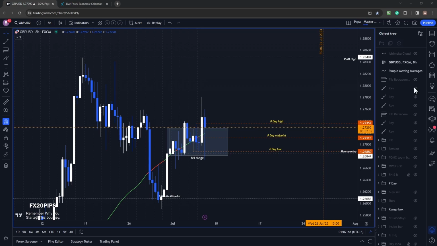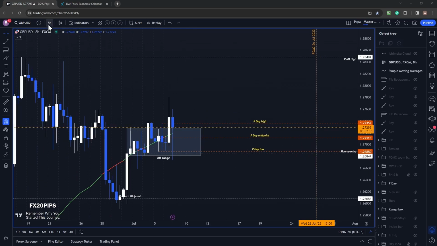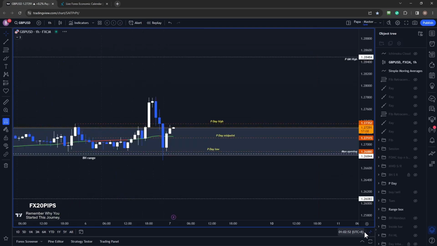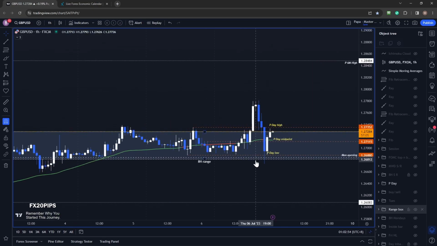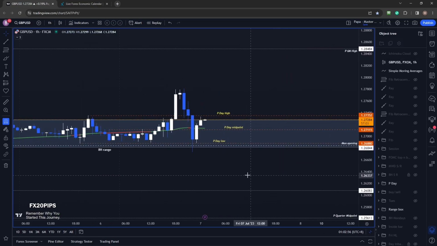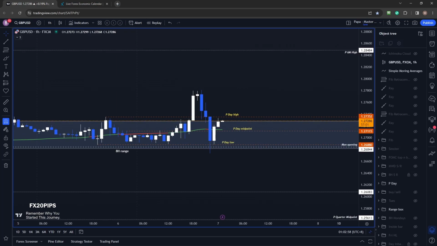Right, and what else can I tell you? Yes, the fib. Now if you have this situation where the price goes up and comes all the way down, there is something that I learned from someone else, I can't remember, which is using the fib.